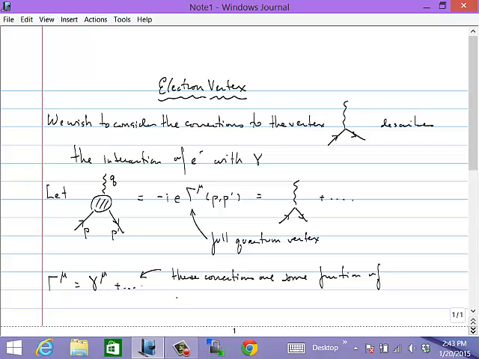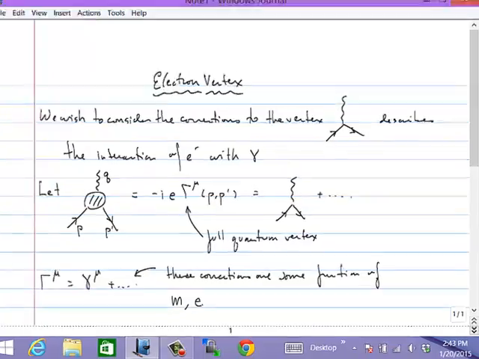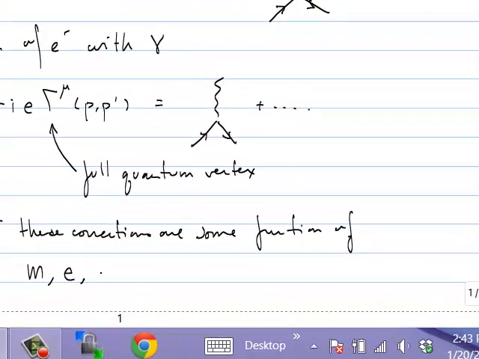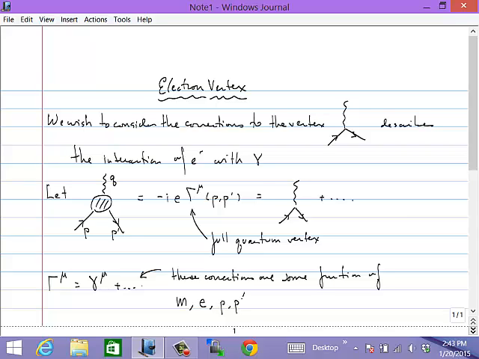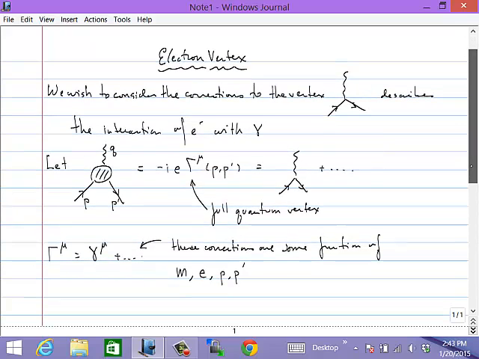In particular, they're functions, say, of the electron mass, the electron charge, and the three momenta, p, p prime, and q. But, of course, q is equal to p minus p prime, so we can just write this as a function of m, e, p, and p prime. And they could also depend, say, on the gamma matrices, the metric, and that's it. That's all this can depend on.